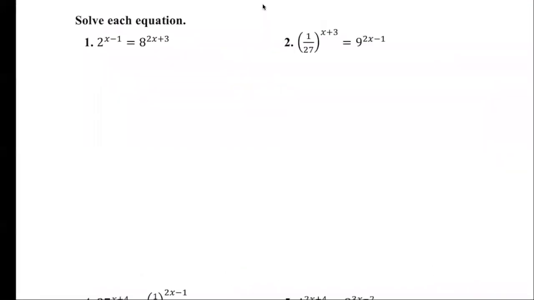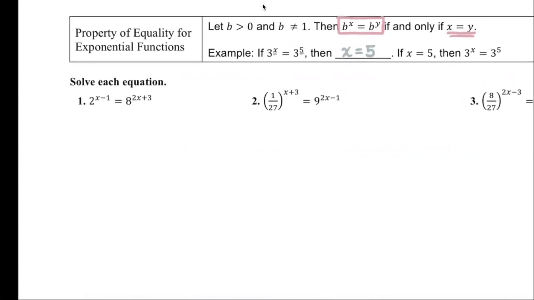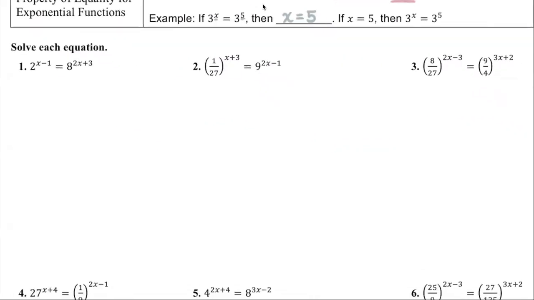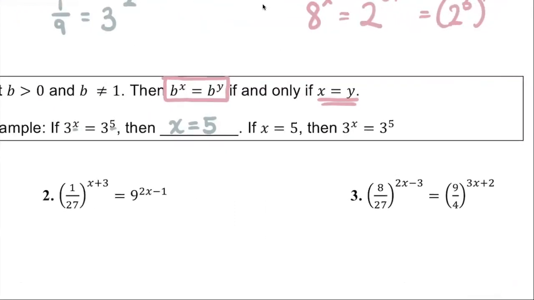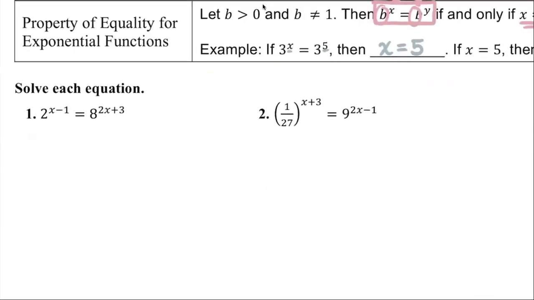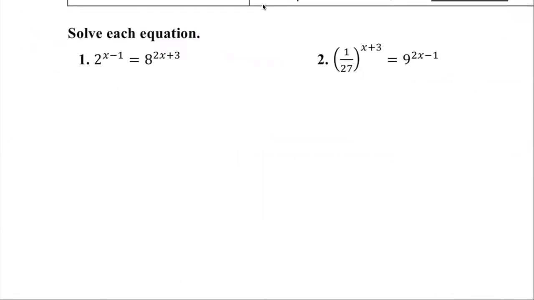Okay. So, number 1, let's put all that together and solve the equation. For number 1, I want to figure out what x has to be. Again, if you look at our property, we can only set those exponents equal to each other if the bases are the same. So if you look at number 1, our bases, 2 and 8, are not the same.